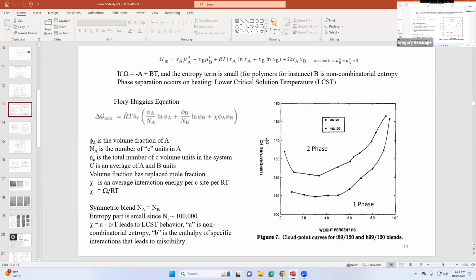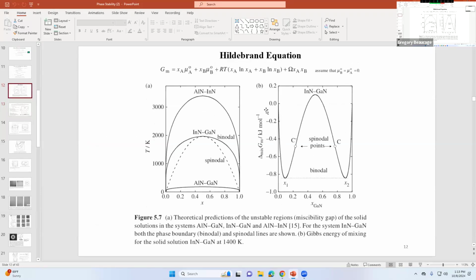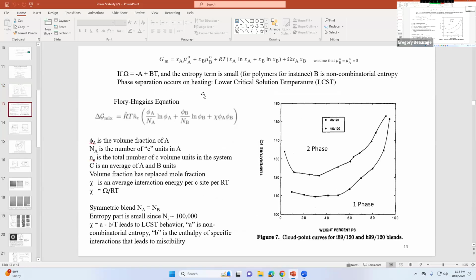So it's called a lower critical solution temperature, because the critical point's at the bottom of this curve. For a normal system, the critical point's on the top like this. So that's called an upper critical solution temperature. This is called a lower critical solution temperature. And this occurs because you have no entropy of mixing, and because you have a non-combinatorial entropy term.